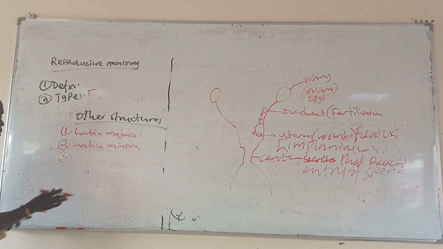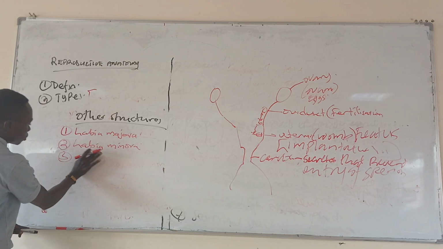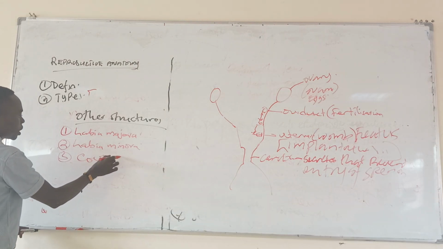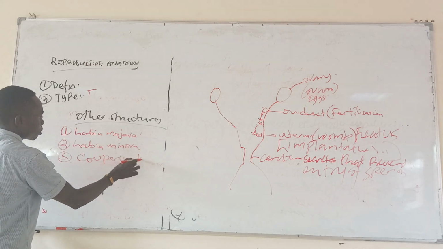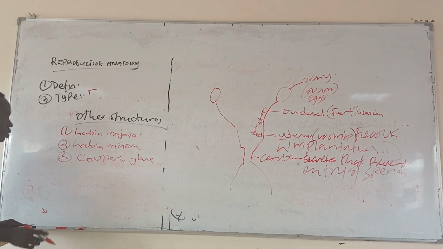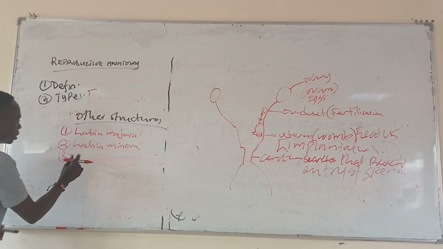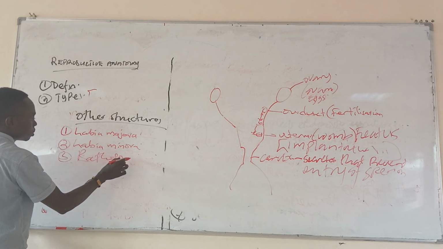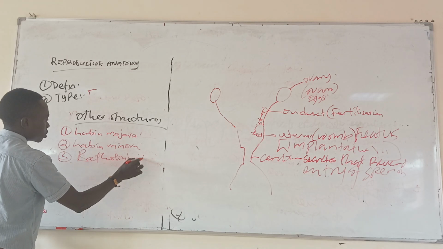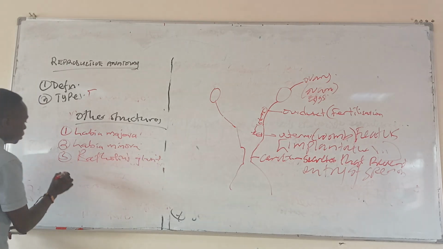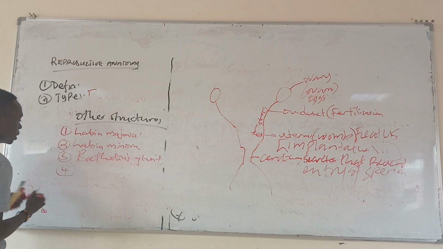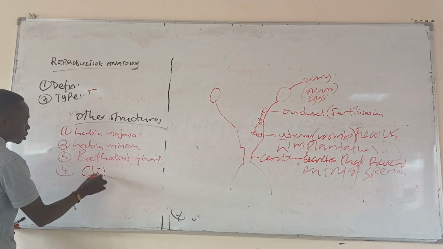The third one we have is what we call the Bartholin's gland. Then the fourth one, the last one, we have what is called the clitoris.